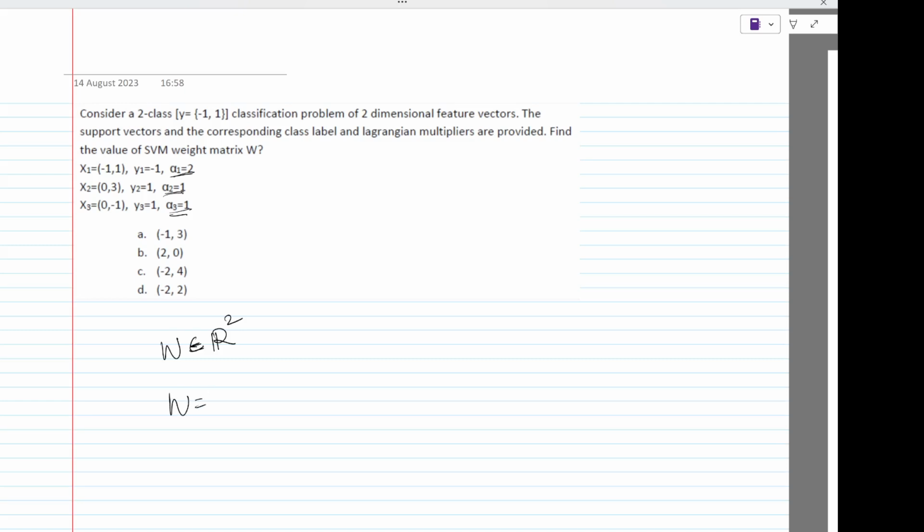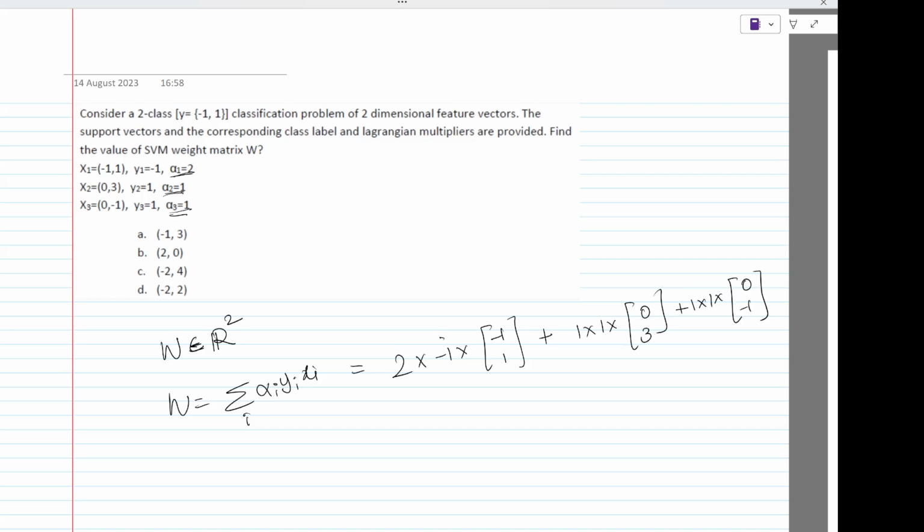and W is equal to summation alpha y x. Here just three values. So it is 2 into minus 1 into minus 1 comma 1 plus 1 into 1 into 0 comma 3 plus 1 into 1 into 0 comma minus 1.